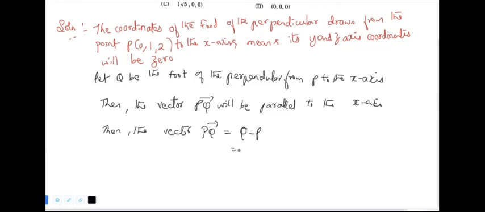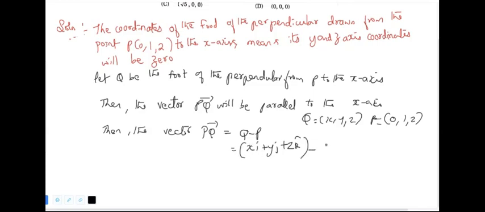What is Q and what is P? Q will be (x, y, z). P will be (0, 1, 2). So now that will be xi plus yj plus zk minus (0i plus 1j plus 2k).